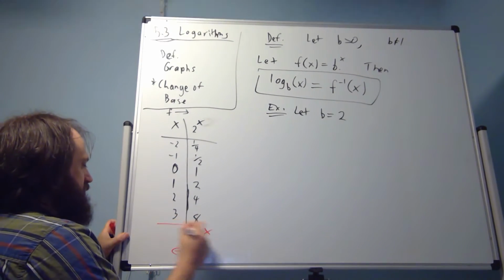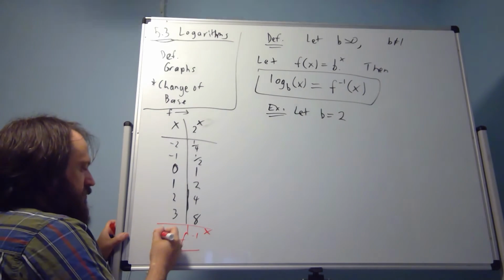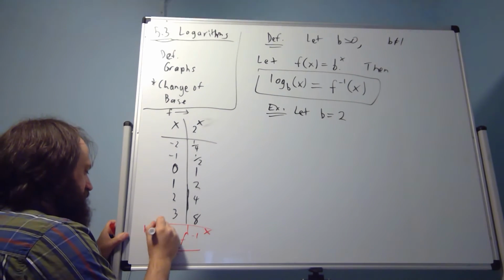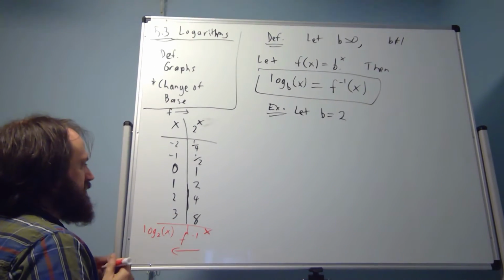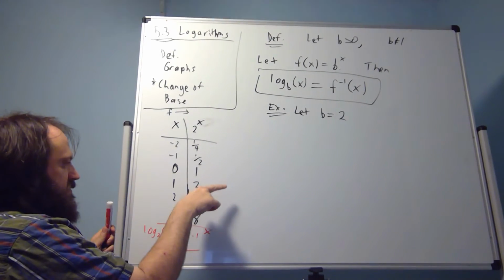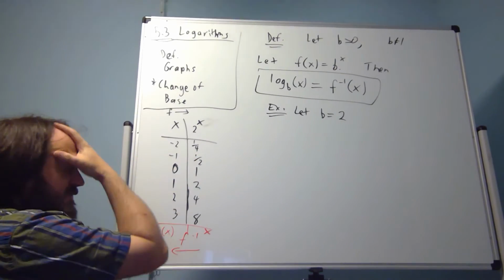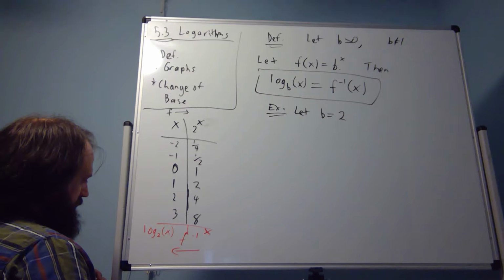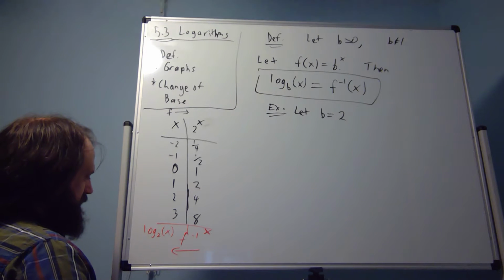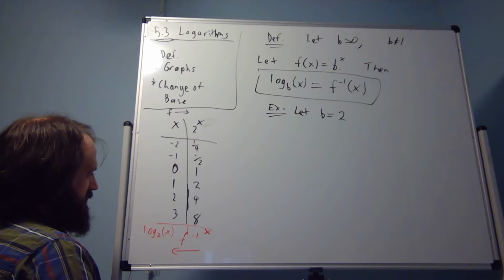If this is x, then the output is f inverse, which is the thing called log base 2. So just like squaring is the inverse of taking the square root, you undo the exponential function.